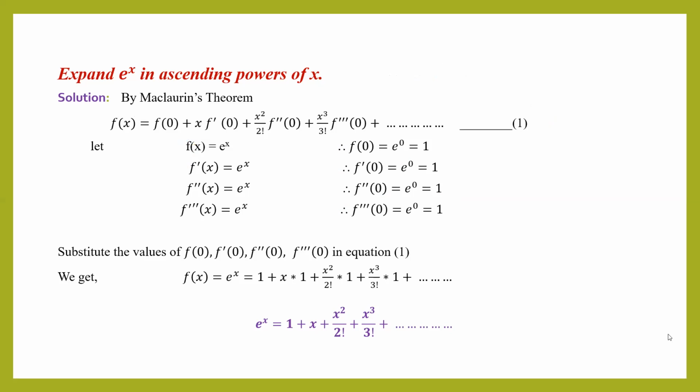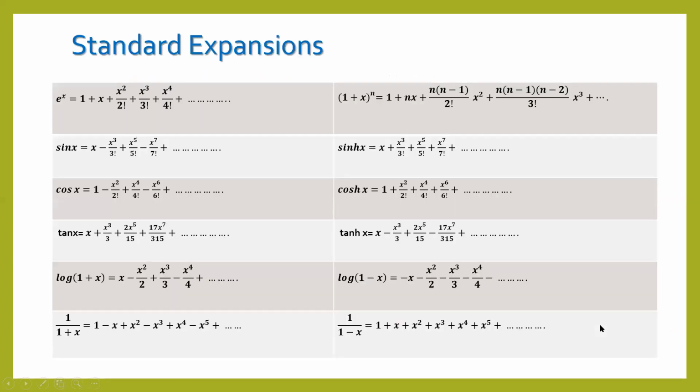In this way, when you calculate all these expansions, we calculated the expansion of e raised to x. The expansion of sin x will be x minus x cube upon 3 factorial and so on. You can find the expansion of cos, tan, log, hyperbolic sine, hyperbolic cos, hyperbolic tan, and so on.